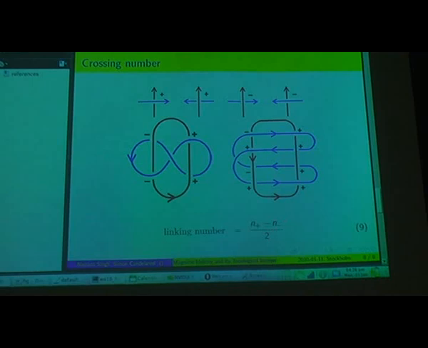This helped us a lot in other configurations to compute the linking number, because when you see this three-dimensional knot structure, those two links, it's quite difficult to determine the linking number. Later in our example, which you will be doing later, you can see that the linking number is actually 0.